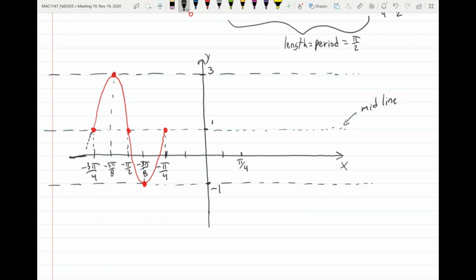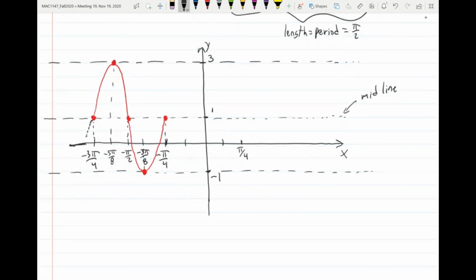So we just keep on adding pi/4. So -pi/4 plus pi/4 is 0. Then we have pi/4 again, and then we have the pi/4 when you add an extra pi/4. And now we just keep on doing the same movement. So middle, then up, middle, then down, and then back to middle.